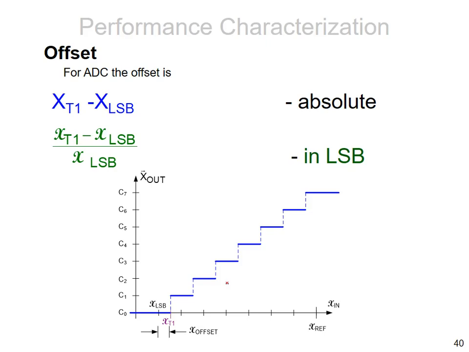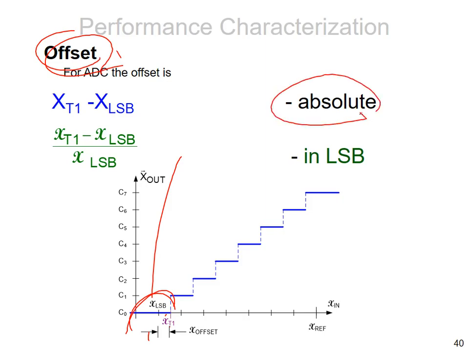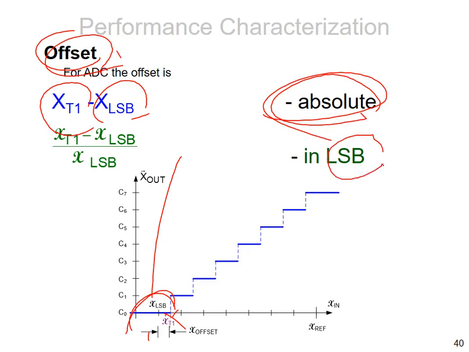How about the offset error? Offset error is here, right? Because from the beginning, 1 step. If it is not 1 step, then we call it, you have some kind of offset error. Yeah, that is the absolute value. The transition point here, the first transition point minus 1 LSB. That is an absolute value. But usually we don't express such kind of value in absolute, but in the unit of LSB.